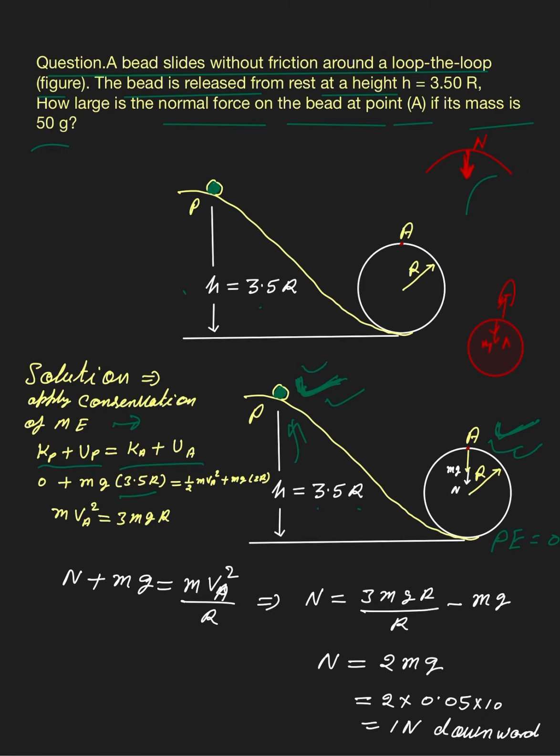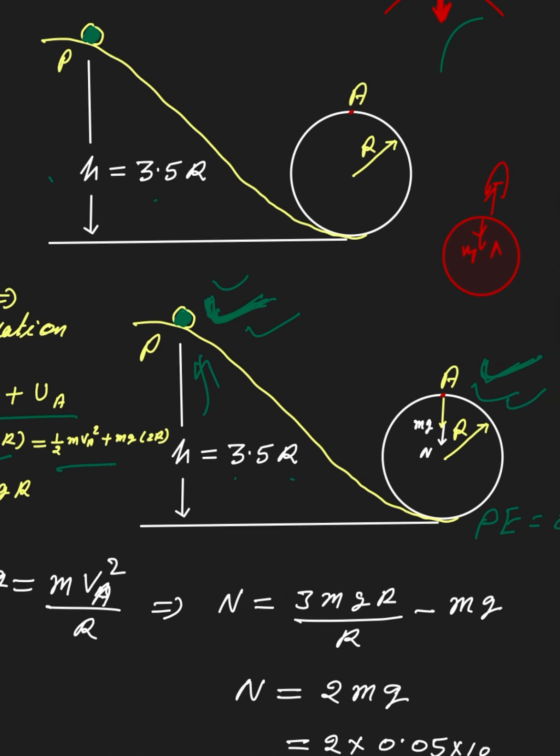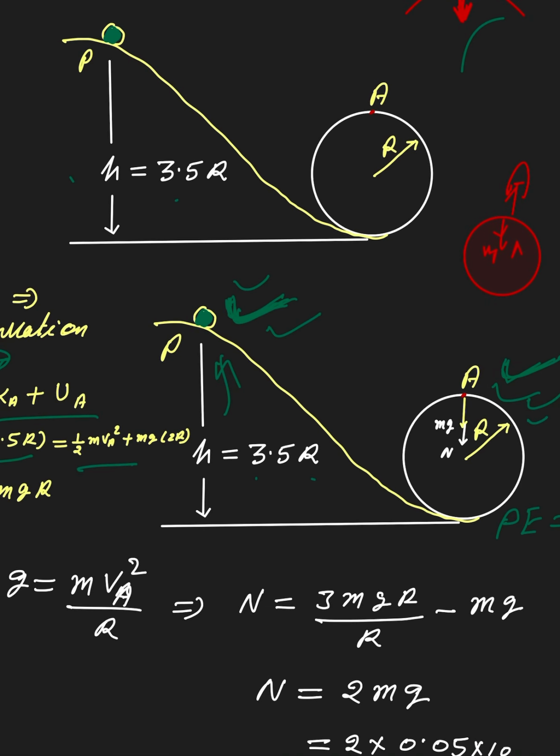The kinetic energy at point A is half m va square, and the height corresponding to that is 2r, because that is the diameter, 2r. So this is mg into 2r.